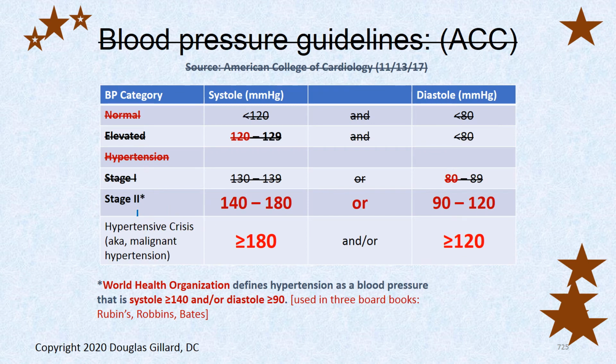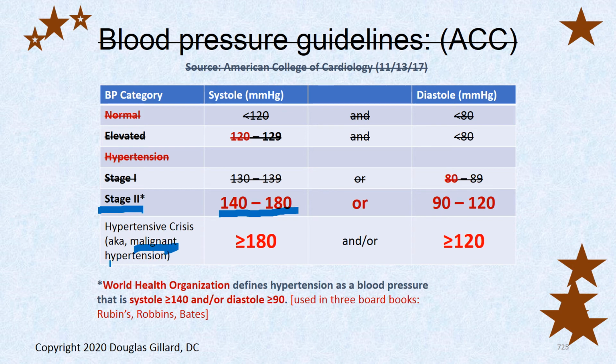But for sure, know that hypertension is defined as anything at 140 to 180 systolic and 90 to 120 diastolic. If you hit 140, you have stage 2 hypertension, quote, hypertension. If you hit 180, you actually have malignant hypertension.